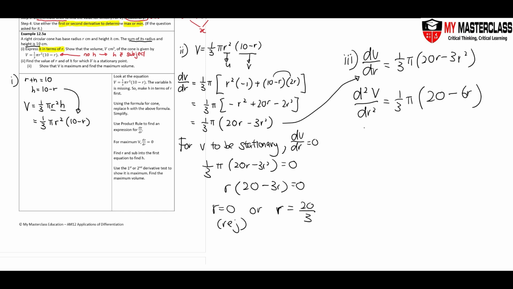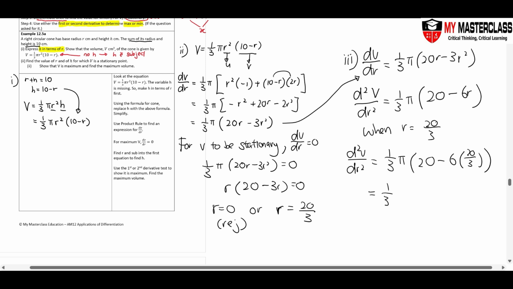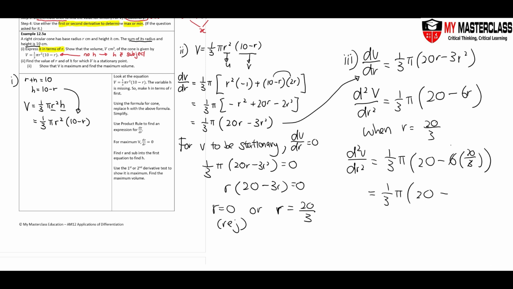So when r equals 20 over 3, d2V over dr square equals, sub it in, 1/3 pi (20 minus 6 times 20 over 3). That will give you 1/3 pi (20 minus 40), which is equal to negative 20 over 3 pi.